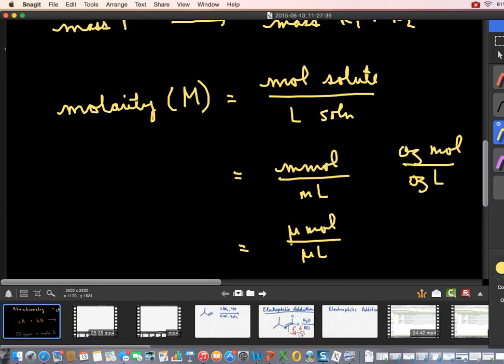That unit hasn't been invented yet, but it should, because it's awesome. So I can convert molarity times volume into the number of moles and then use the balanced chemical equation as before. That's the second type.